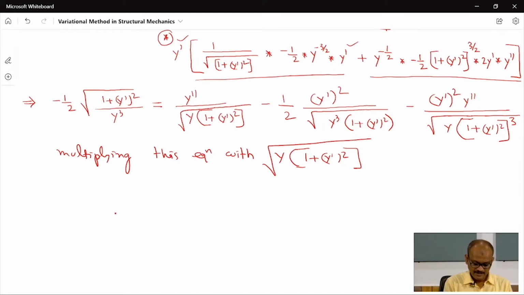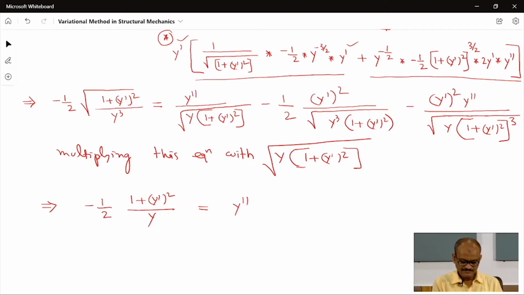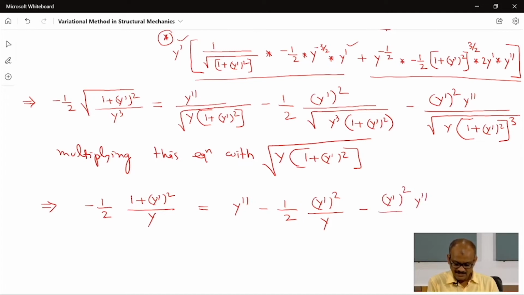It will be minus half into 1 plus y dash square divided by y is equal to y double dash, because once you multiply, the denominator will be cancelled. So y double dash minus half into y dash square divided by y minus y dash square y double dash divided by 1 plus y dash square.